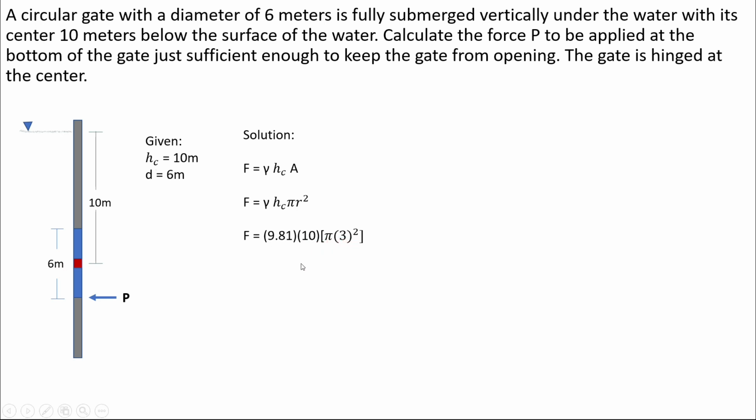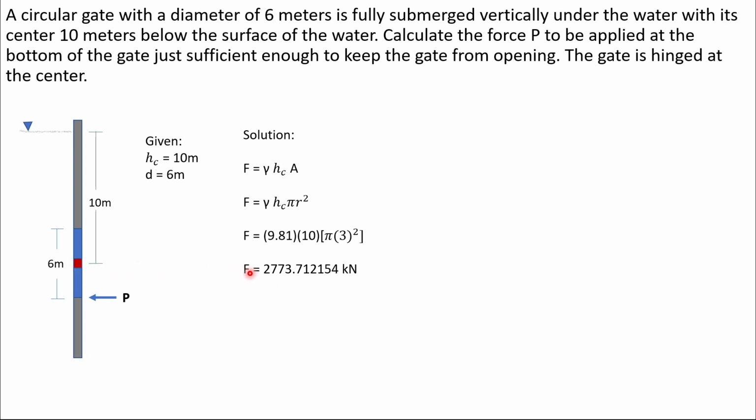And then simplifying this equation, we now have the value of force exerted by the water to the gate, 2773.712154 kilonewtons. And to solve the value of P, we need to apply the summation of moment of forces, and we will solve the moment of forces at the point here at the center of the gate.